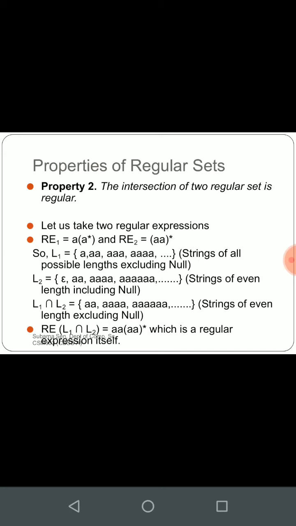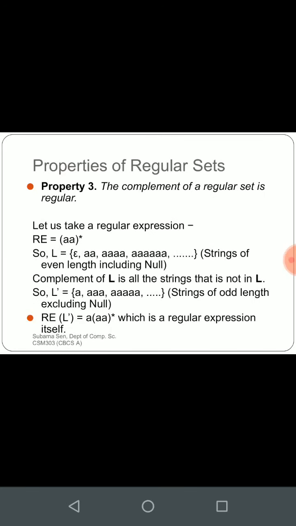Okay. Next we will see that the complement of a regular set is always regular. How do we find the complement? We take one regular expression, AA whole star. What language is it generating? Empty string, AA, 4 A's, 6 A's in this fashion. So it is the strings of even length including null. So the complement will be the non-even length strings, excluding null.